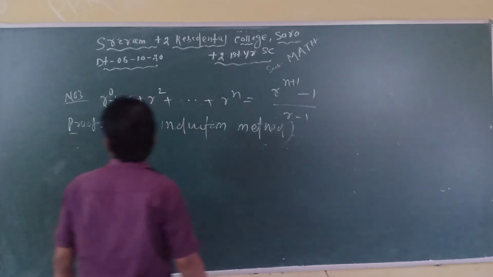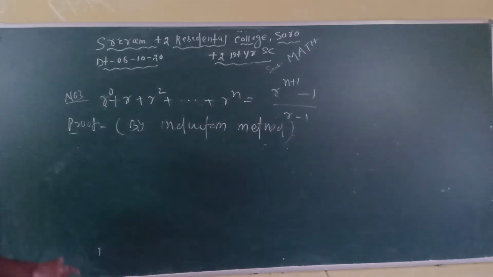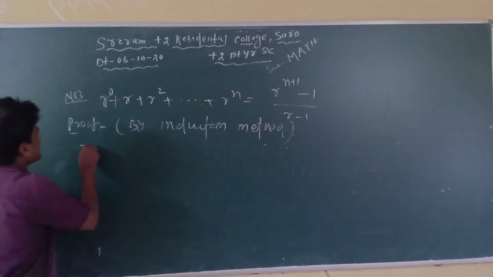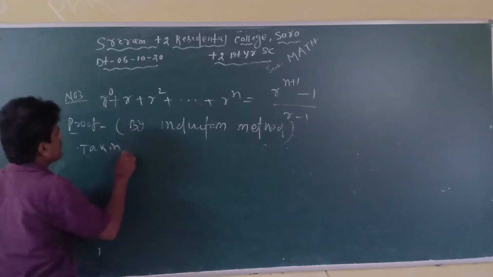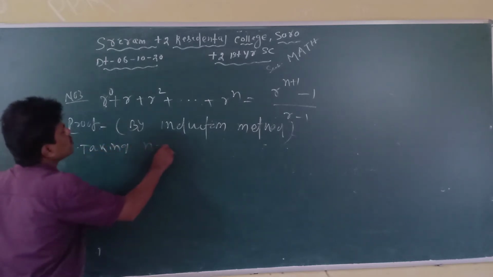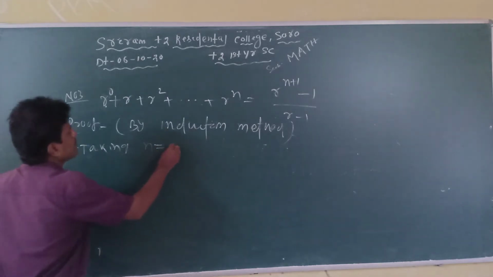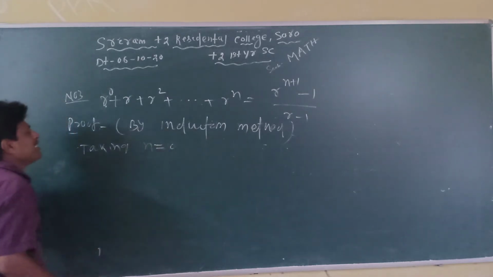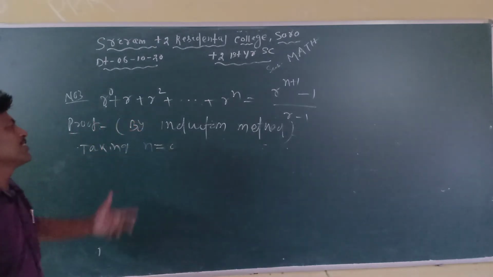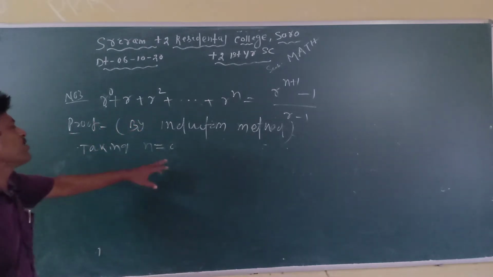When proving by induction method, you write in this way. Now taking n equal to 0, not 1. If you take 1, then you cannot solve this problem. So put n equal to 0.